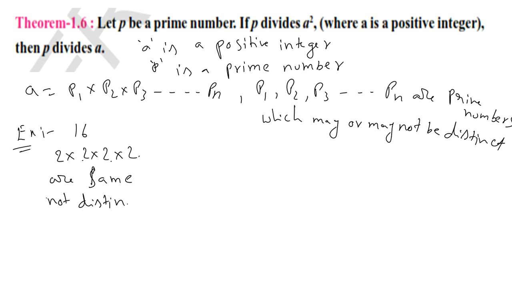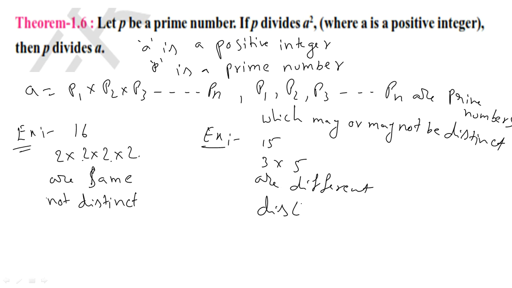Now take 15. 15 can be written as 3 into 5. Factors are different, so they are distinct. So, the factors may be same or may not be same.